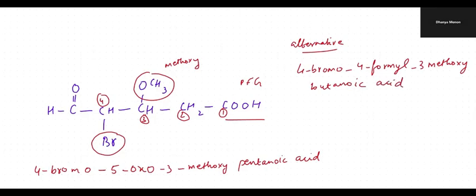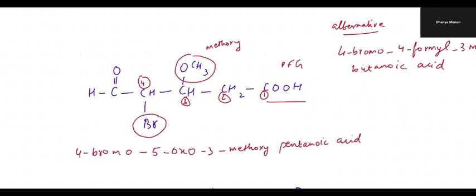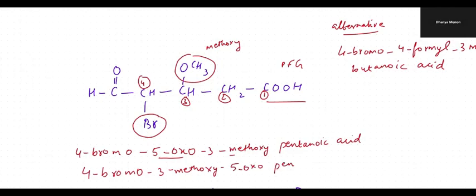Okay. And one small mistake that I made is if I'm numbering it, I write it oxo, but the alphabetical ordering is not same. See? So here, if I'm numbering it, I write it as 4-bromo, 3-methoxy, because I have to name it according to the alphabetical order, 5-oxo, pentanoic acid.